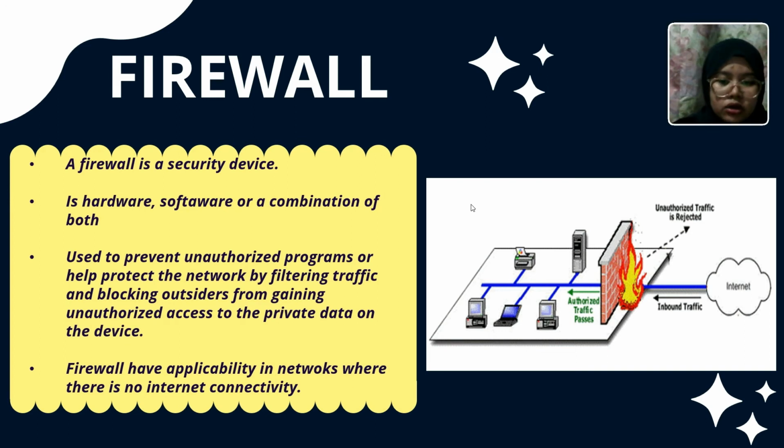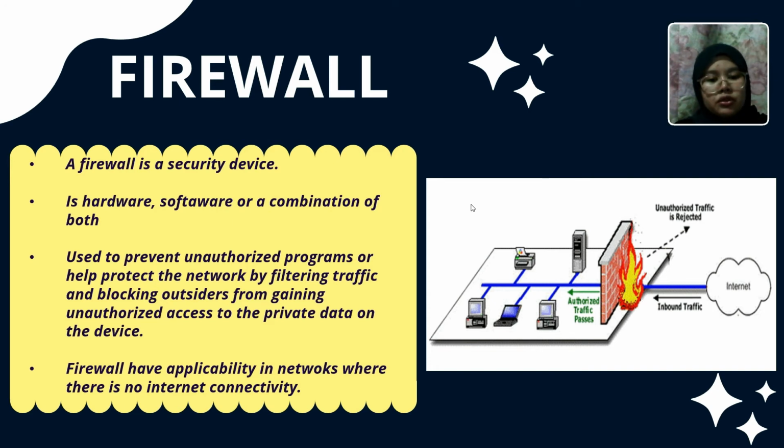Since the main door is always wide open, even thieves can enter easily. Okay, same with our computer. Without a firewall, the computer is accessible and easily hacked by any party. Here, the firewall is a program that will control every activity that accesses the computer.